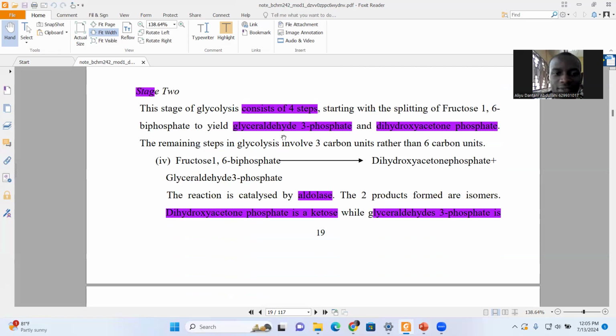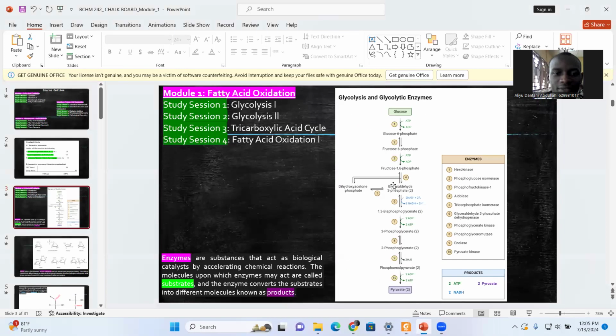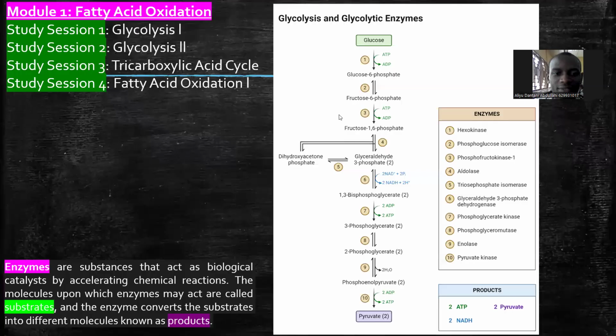Okay, so the second stage of glycolysis. Now, look at this stage 2. The first stage is here, from glucose to fructose 1,6-bisphosphate, before aldolase cleaves this compound into dihydroxyacetone phosphate and glyceraldehyde phosphate.